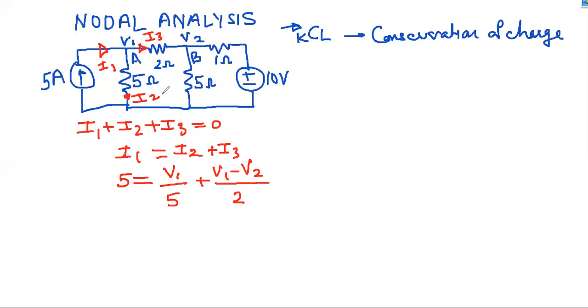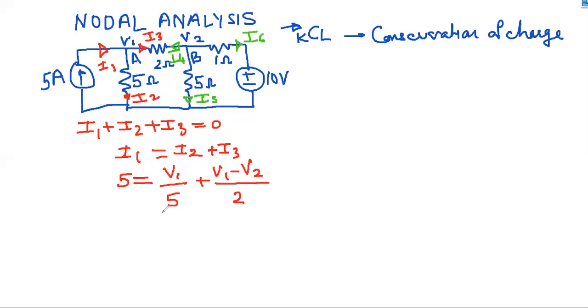Now we consider the direction of current at node V2. In this case, again we consider the outgoing direction in terms of I4, I5 and I6.